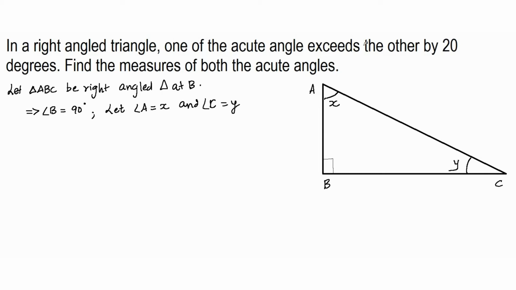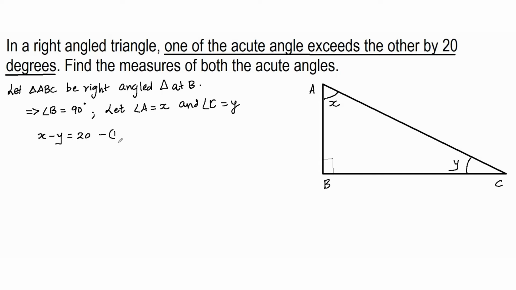One of the acute angles exceeds the other by 20 degrees. So let's figure this out now. One of the acute angles exceeds the other by 20 means the difference between them has to be 20 degrees. So I would say X minus Y is equal to 20.